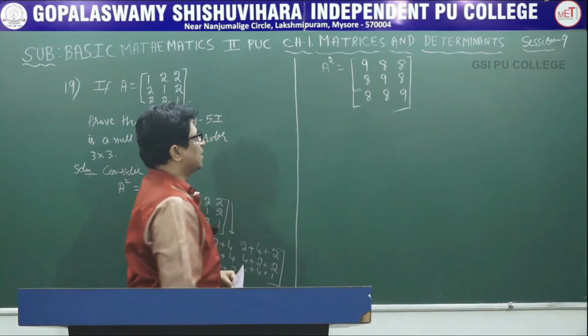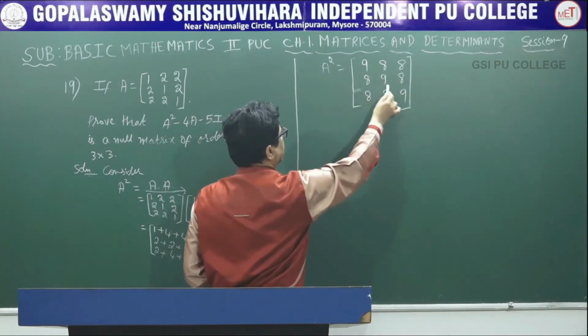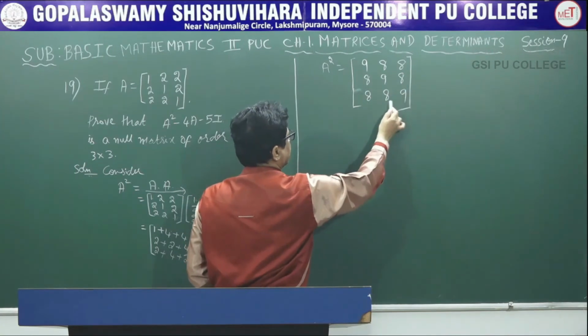So A square will be equal to 9, 8, 8, 8, 9, 8, 8, 8, 9.